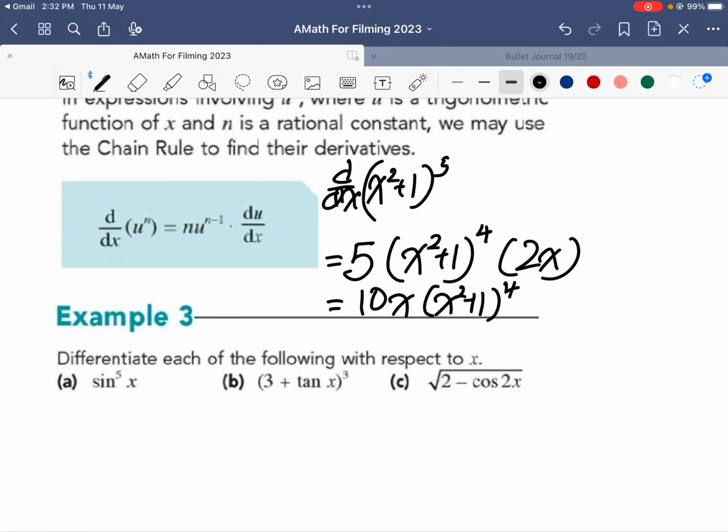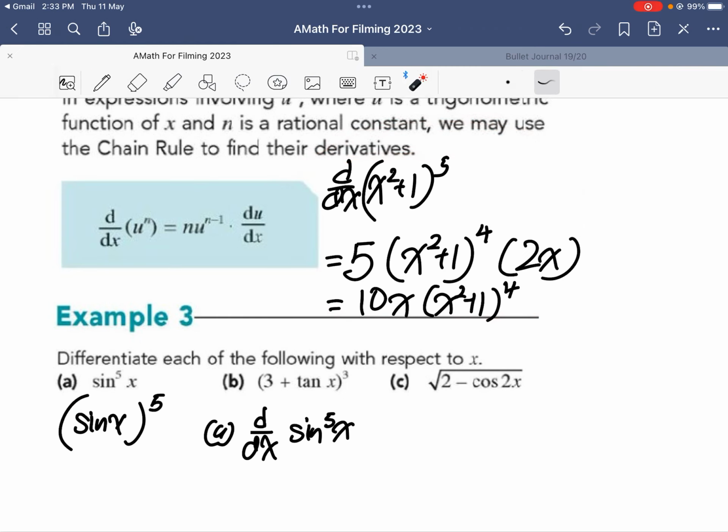For example, in example 3, I will do A on this page and I follow on. Sine 5x actually means sine x to the power of 5. So when I'm differentiating with respect to x, sine 5x, it works the same as the chain rule itself.